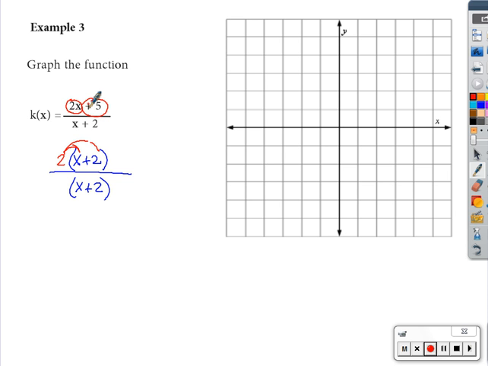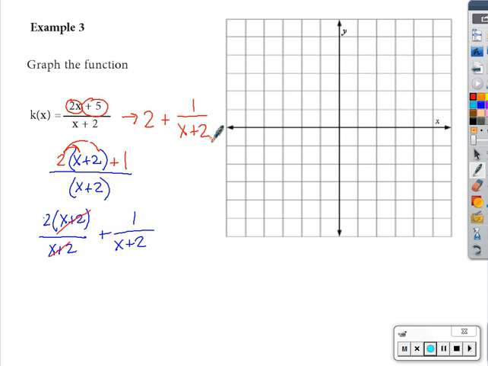So to get 5, I would have to add a 1. Step 3 will be to split this up. So I'll end up with 2 times x plus 2 over x plus 2 and a plus 1 over x plus 2. My x plus 2's cancel out, and I'm left with a vertical shift of 2 plus 1 over x plus 2.